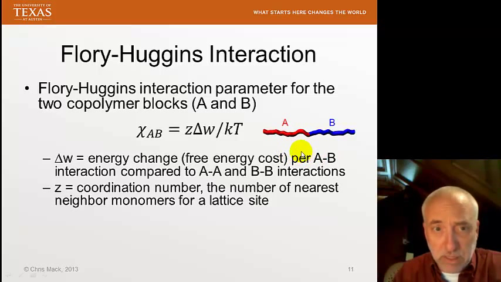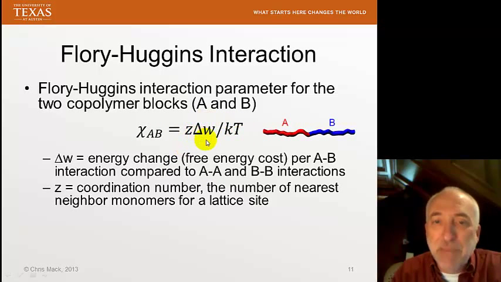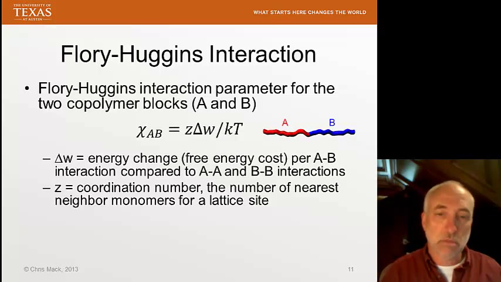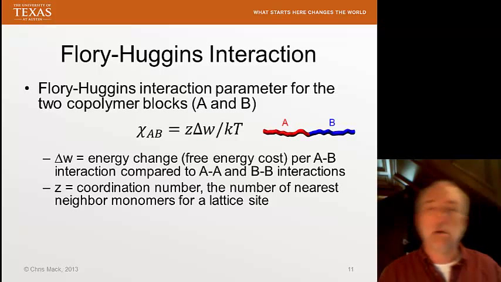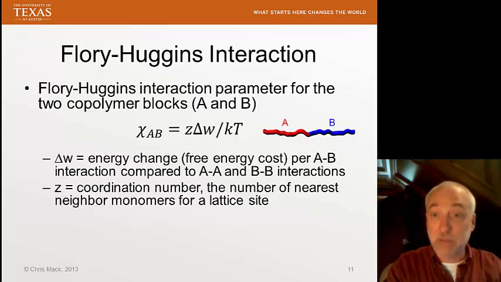If I have two blocks A and B in a block copolymer, the interaction parameter from A to B is given by this equation. k is the Boltzmann constant, T is the absolute temperature. The main term is delta W, the energy change or the free energy cost of an A interacting with a B compared to an A interacting with an A or a B interacting with a B. In other words, if I put two A's together, it requires a certain amount of energy.